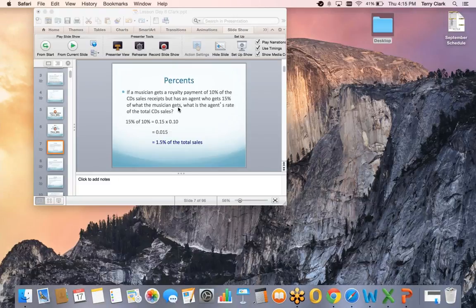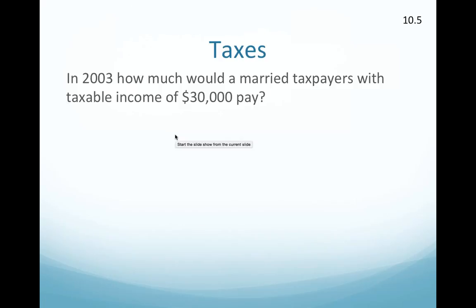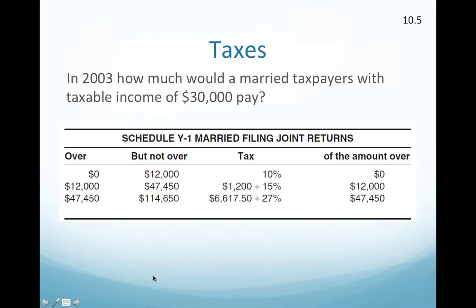Okay, guys, let's go ahead and get started. That's 4:15. So we've got a problem similar to the one that we saw earlier with the individual income tax. The only difference is now these folks are married. Here's your schedule. I want you to see if you can figure out how much tax they would pay if they're married filing jointly.